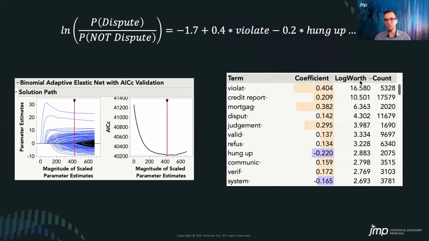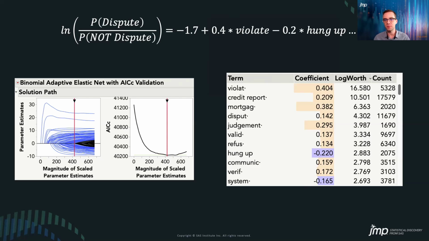And as we mentioned before, we also get a measure of the statistical evidence, or the strength of evidence: this log worth value, 16.58 here, where if you want a rule of thumb, any value above 2 might be considered strong statistical evidence. LogWorth is negative log base 10 of the p-value, so a value of 2 just corresponds to a p-value of 0.01.